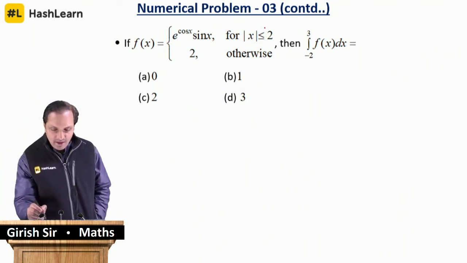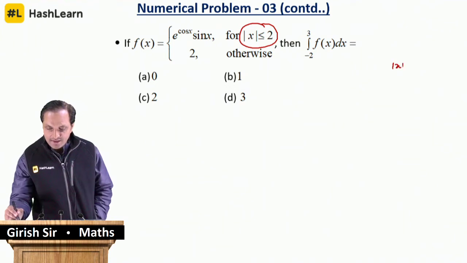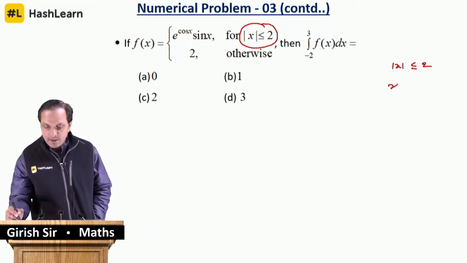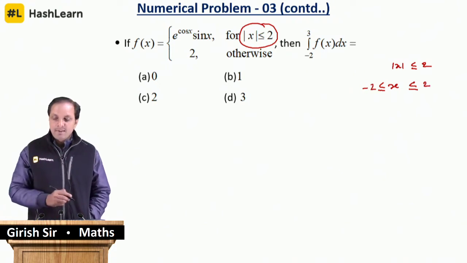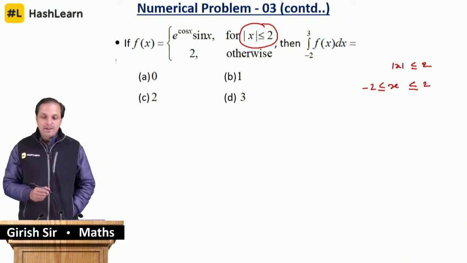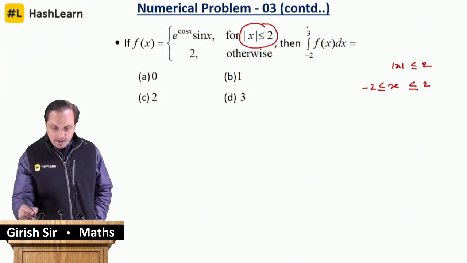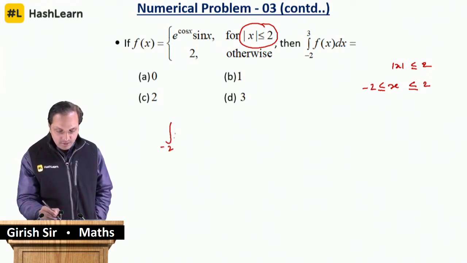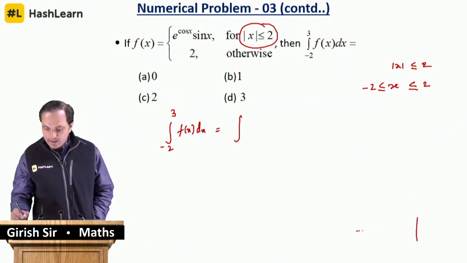You know what is the meaning of mod? Mod x is less than or equal to 2 means your x lies between -2 and +2. So whatever integral from -2 to 3 of f of x dx they have given, you need to split on the interval, that is the number line.